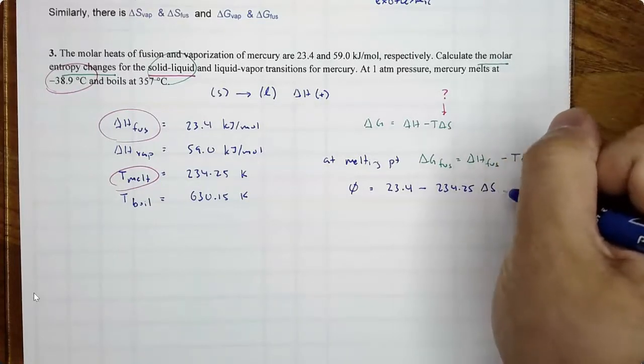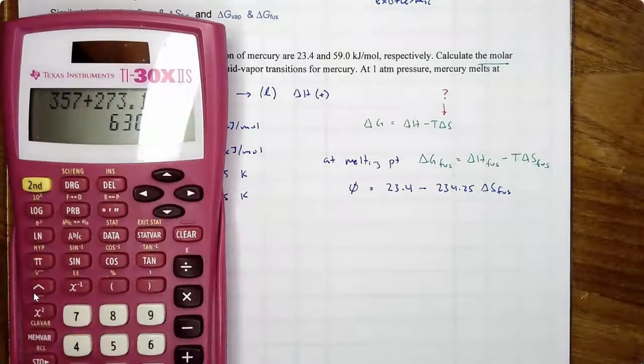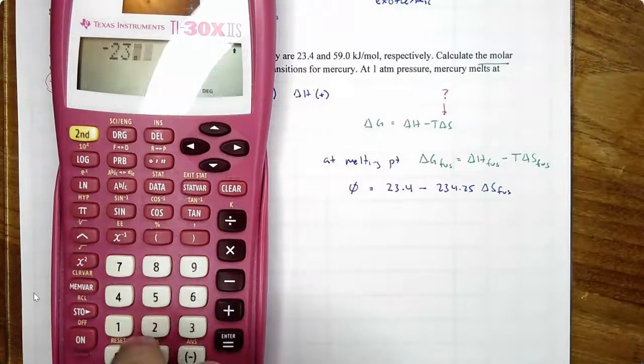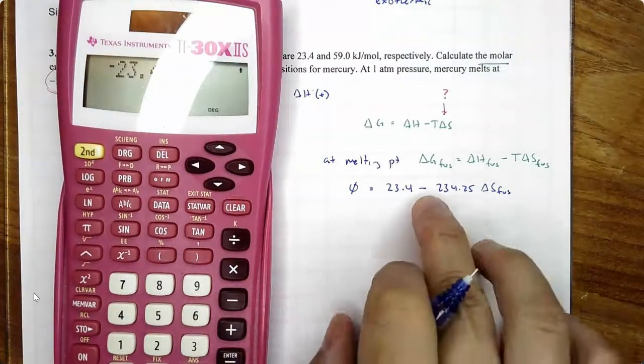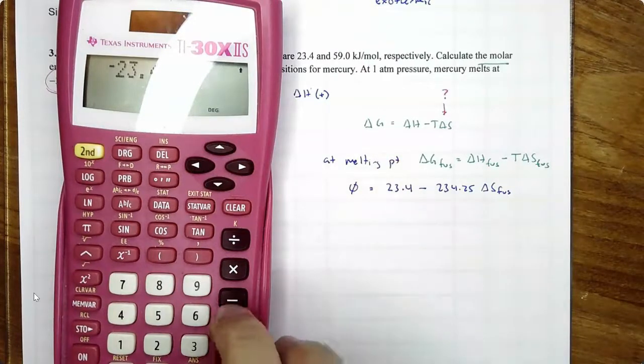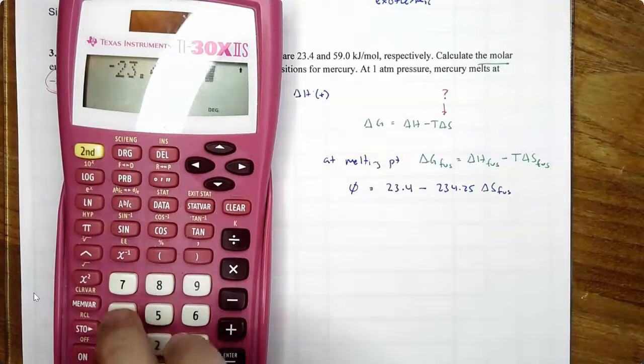Delta S fusion. What would I do? I would bring over this term first, so that's negative 23.4. And then I'm going to cover that up and divide by negative 234.